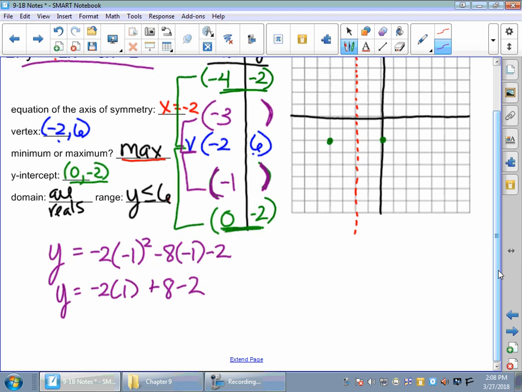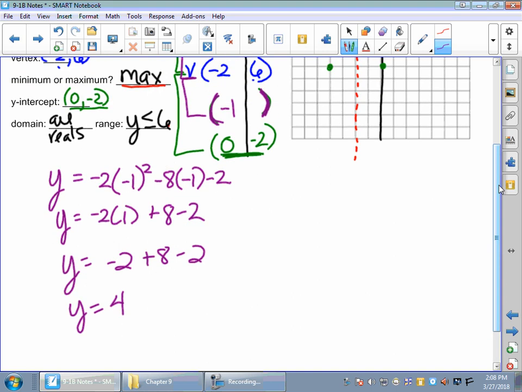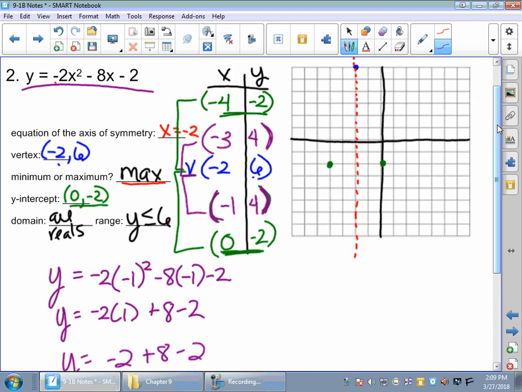And when I do this, you could use your calculator too. y is equal to -2 plus 8 minus 2. When it's all said and done, -2 plus 8 is 6, and 6 minus 2 is 4. So when x is -1, y is 4. And that also means that when x is -3, y is also going to be 4. So (-1, 4) is an ordered pair. And (-3, 4) is an ordered pair.